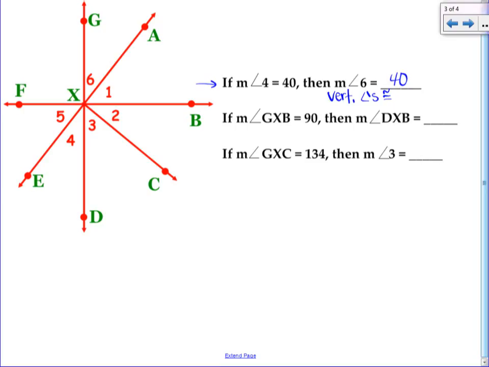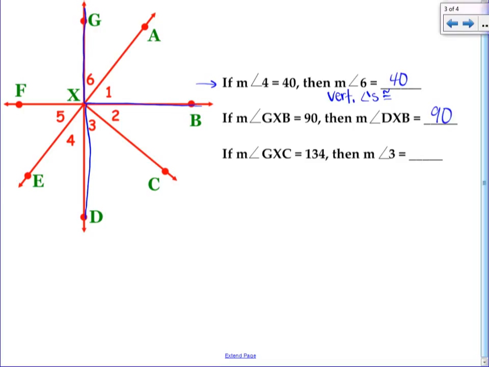Okay, so the next one, if GXB, let's follow those 3 letters, G to X to B, is 90, then DXB, this one, would be how big? Yeah, also 90.